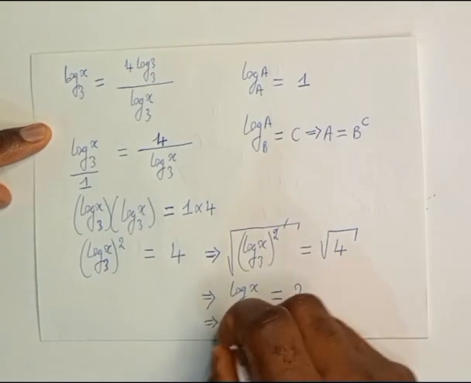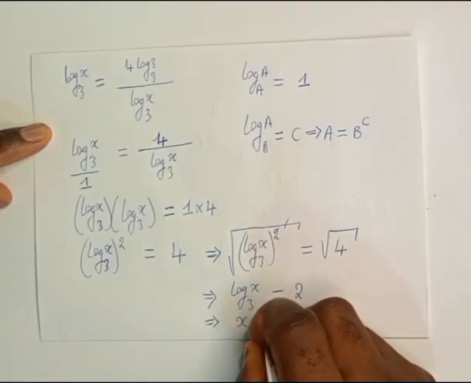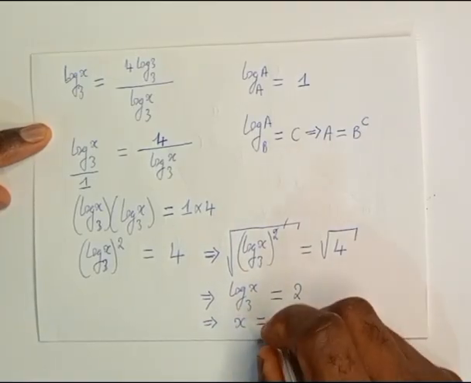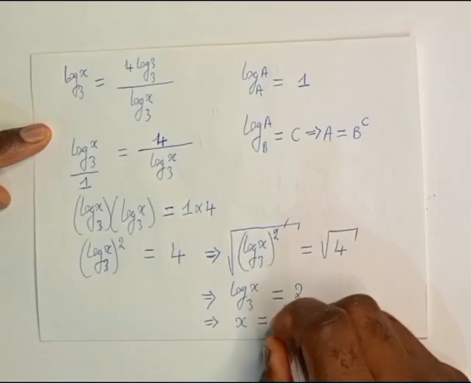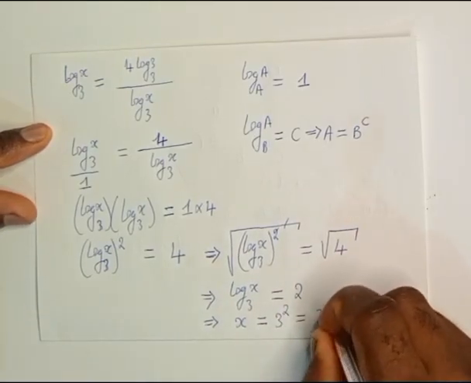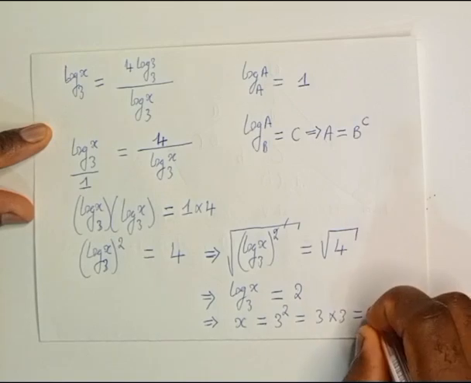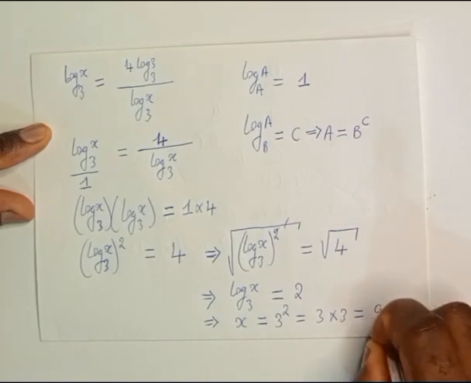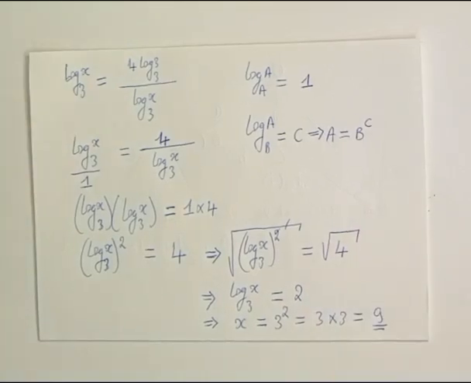This will imply that our x will be equal to the base, which is 3 raised to the power 2. And 3 raised to the power 2 is simply equal to 3 times 3, which is 9. Therefore, our x is equal to 9.